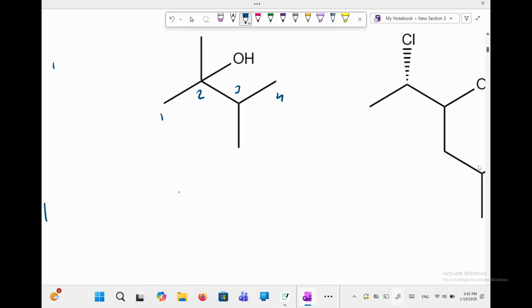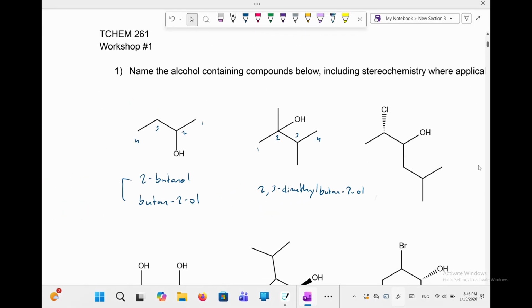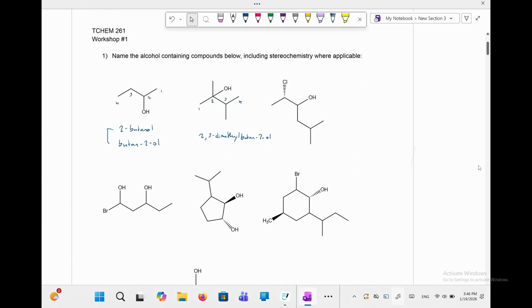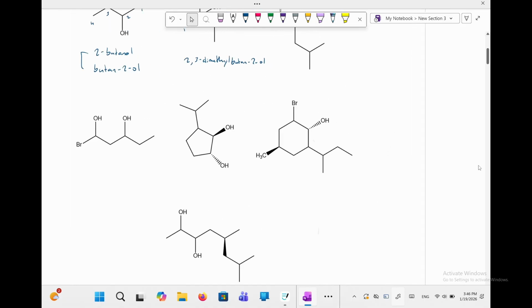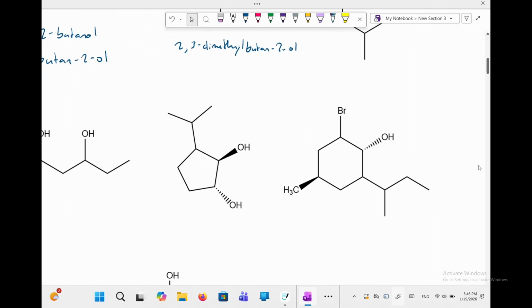So this is going to be 2,3-dimethyl... I forgot. Butan-2-ol. There we go. Also, I'm not going to be going over all of this stuff because that is a lot of time, so I'll be going over a couple of these at a time.